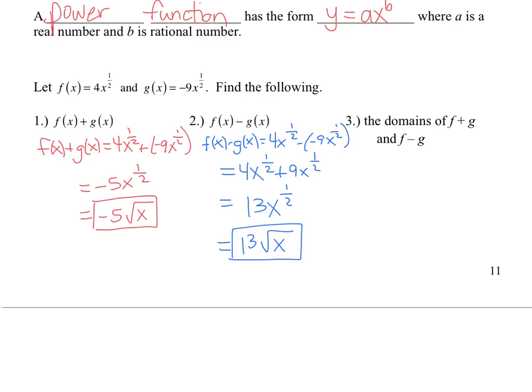So question 3 asks us to consider what are the domains of f plus g and f minus g. Well, for the domain of f plus g, we've got a square root, and if we're sticking with the real numbers, we can't square root a negative, so therefore x would have to be greater than or equal to 0.